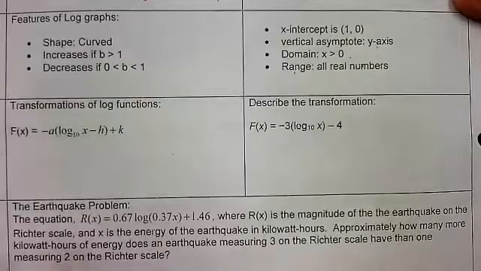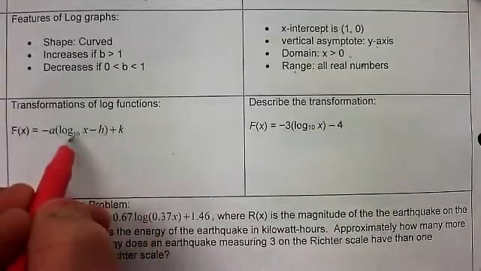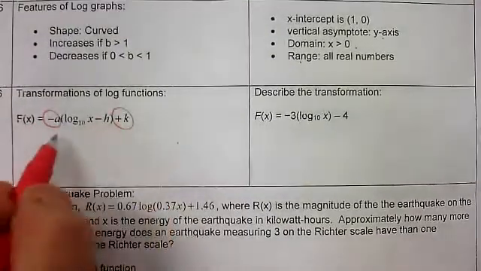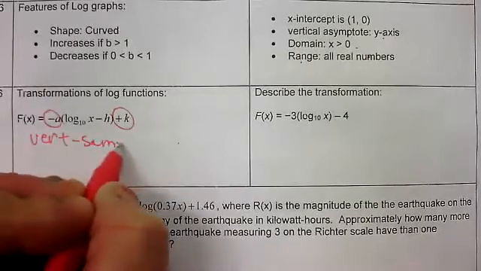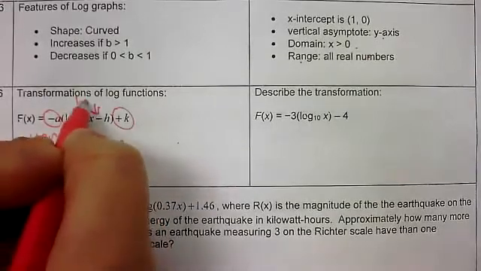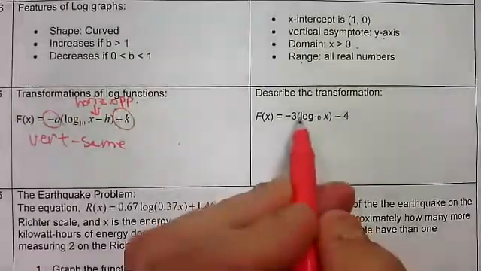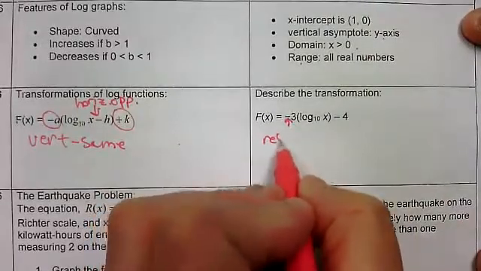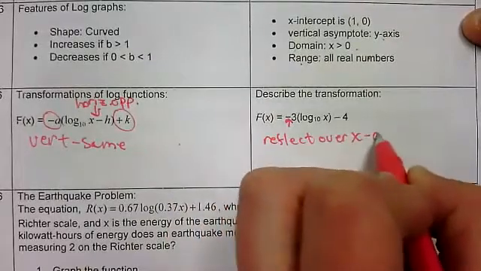So, transformations of log functions. This is the exact same thing as we've seen this whole time. Anything on the outside is vertical and the same. Anything on the inside is horizontal and opposite of what it looks. Taking a look at this one, this negative means we reflect over the x-axis.